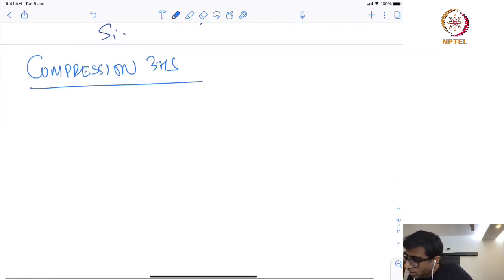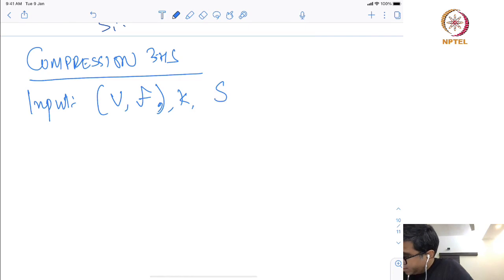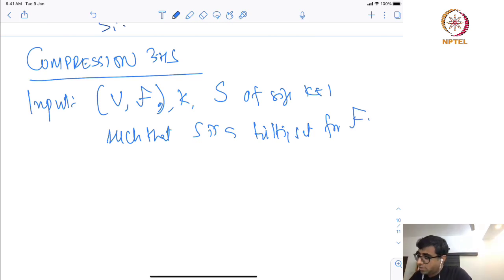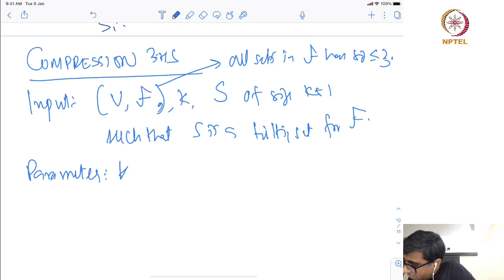The input is U, F, an integer k, and a set S of size k plus 1 such that S is a hitting set for F. I am assuming from now onwards that all sets in F have size at most 3. I am not going to repeat it again.